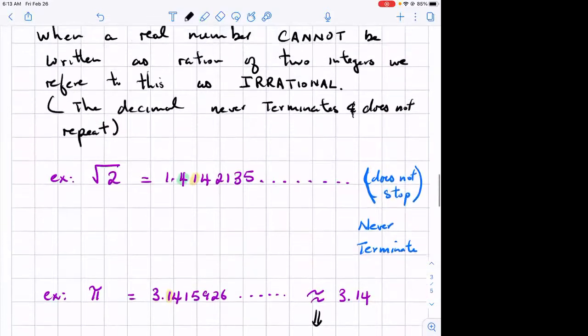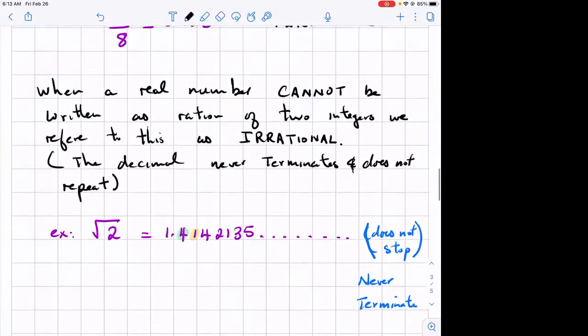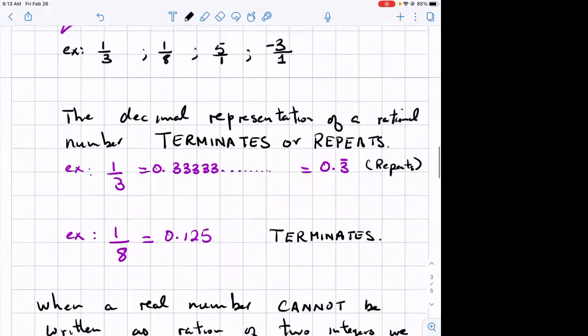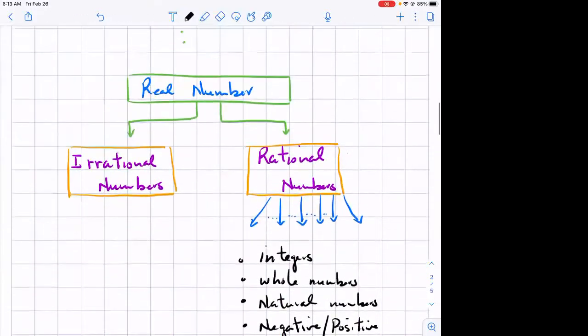So those are the two main branches that we have: either rational or irrational. And for rational numbers, we are aware of a whole lot of subsets or branches. For irrational, there is not much. There isn't, just the definition, and that's it.